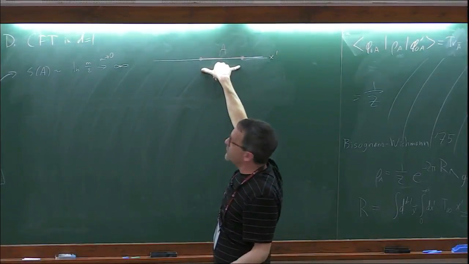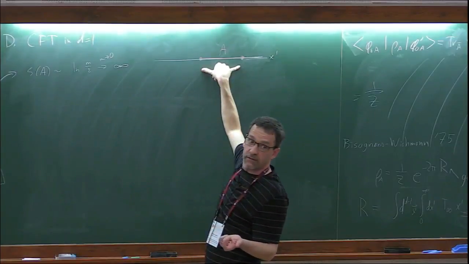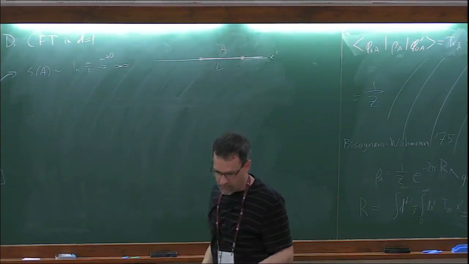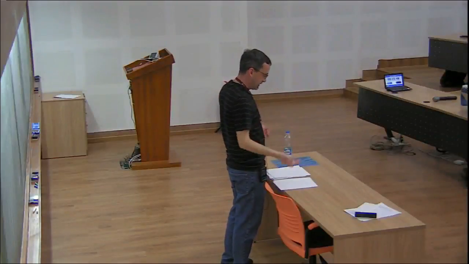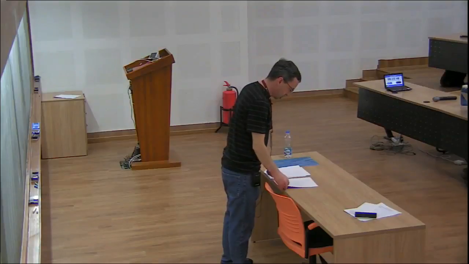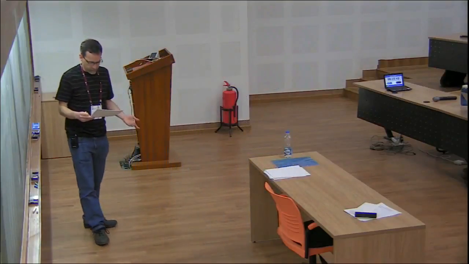I'm going to give you a fake derivation, which gives you the right answer. I'll sketch out the real derivation, but it would take me too much into CFTs, which some of you are probably very familiar with, others maybe not.